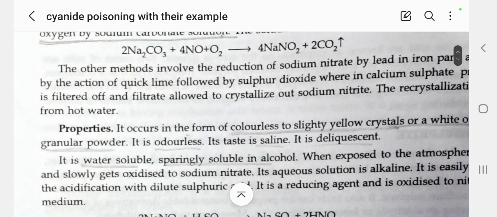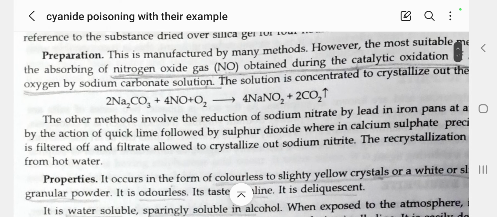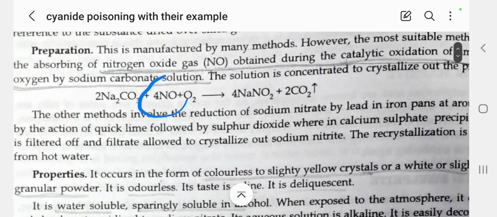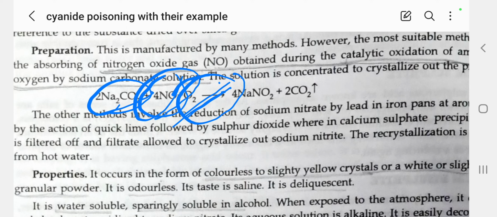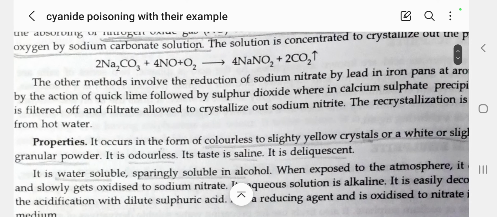So there are three methods of preparation overall. The first is treatment with nitrogen oxide by catalytic oxidation of ammonia and oxygen with sodium carbonate, forming sodium nitrite. Another method reduces sodium nitrate to sodium nitrite in the presence of lead in iron at 450 degrees Celsius.